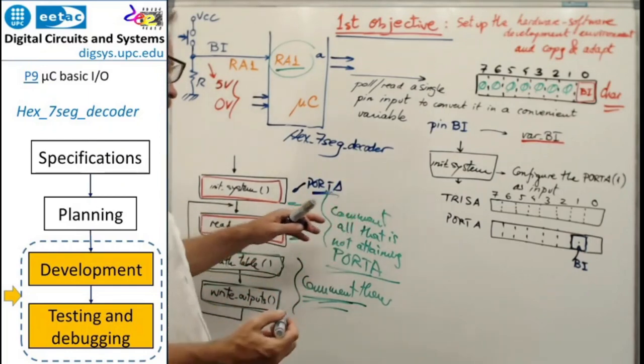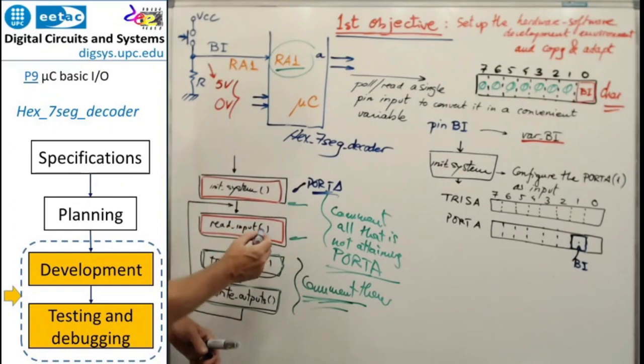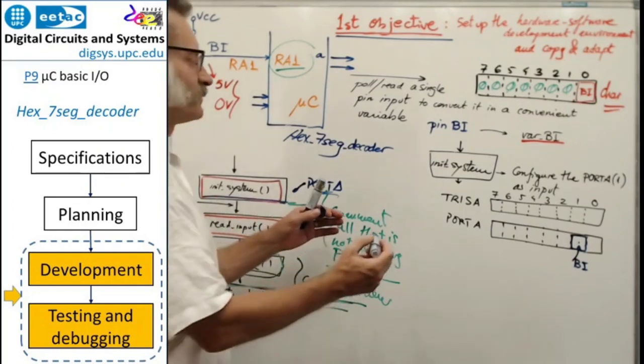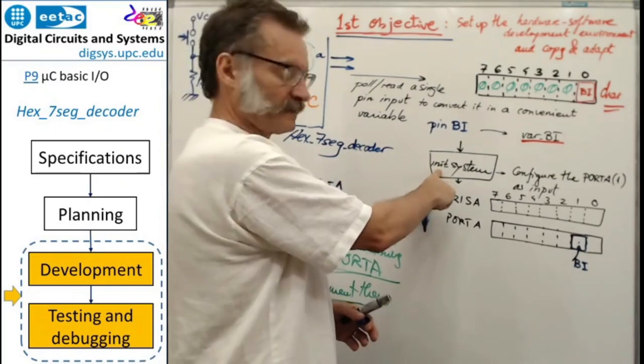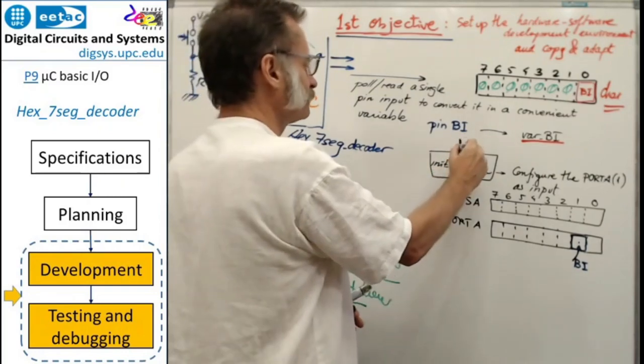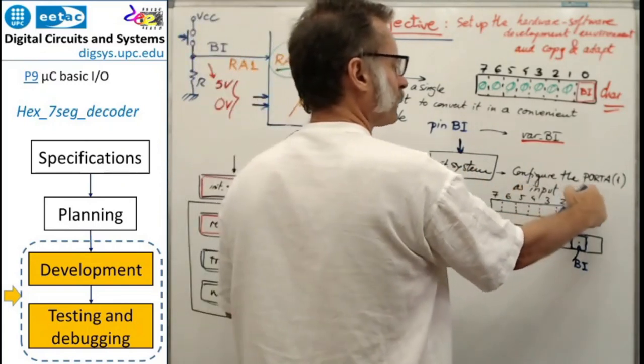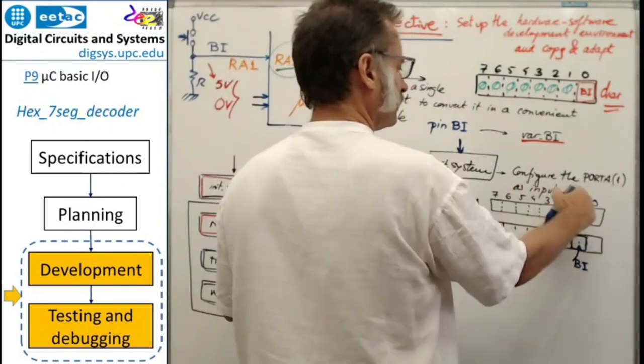So let's go one by one. First of all, you have to declare in init system, the first modifications of all has to be like that. In init system, you have to do something, okay? Which is configuring the port A bit number 1 as input.